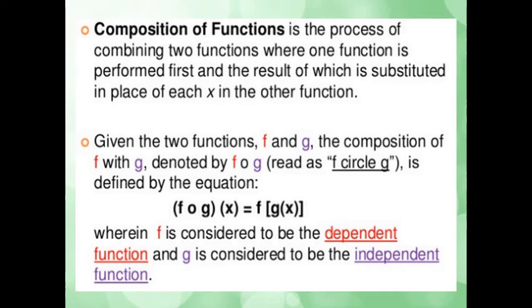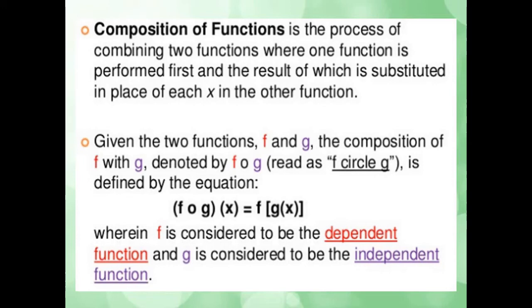Given the two functions f and g, the composition of f with g, denoted by f circle g, is defined by the equation (f circle g)(x) is equal to f of g of x, where f is considered to be the dependent function and g is considered to be the independent function.